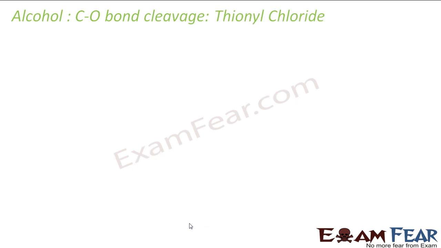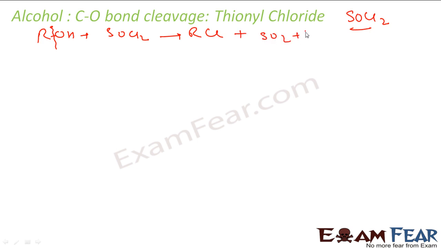So let's move ahead with thionyl chloride. Thionyl chloride is nothing but SOCl2. So here, for example, I have ROH. You react with SOCl2. The C-O bond anyway will break here. You get RCl plus sulfur dioxide gas and HCl.